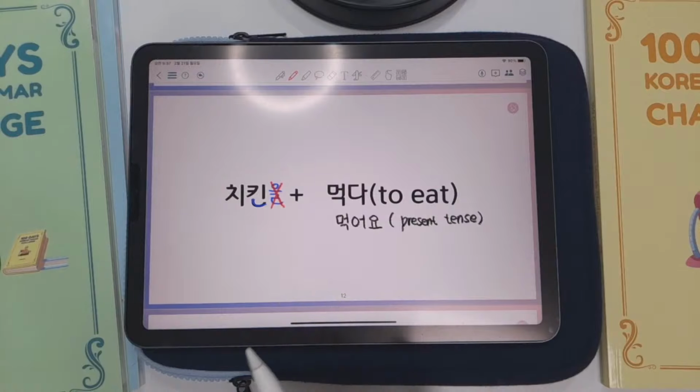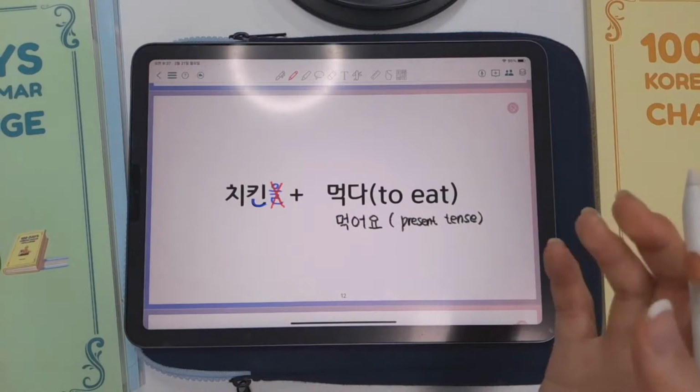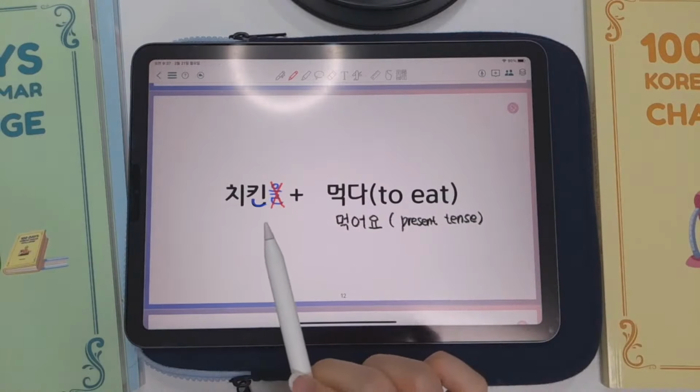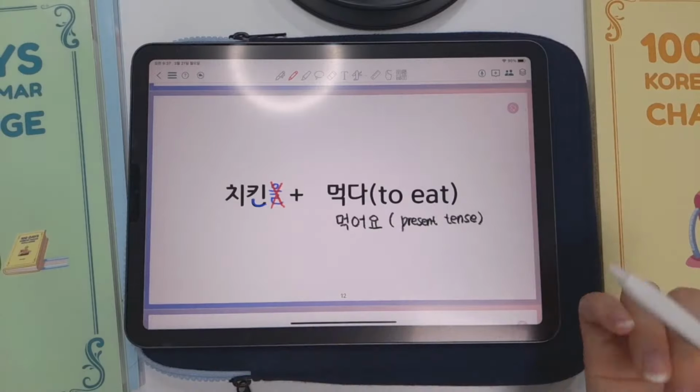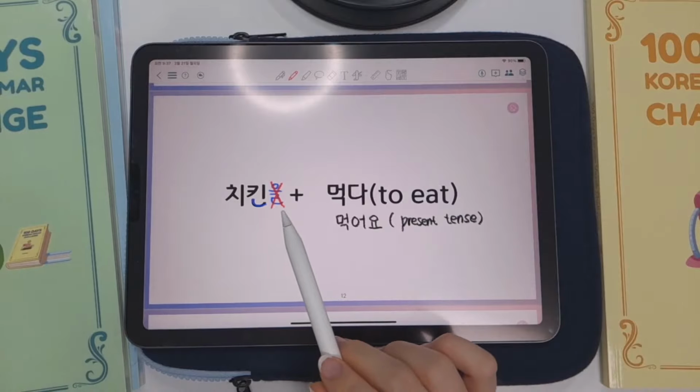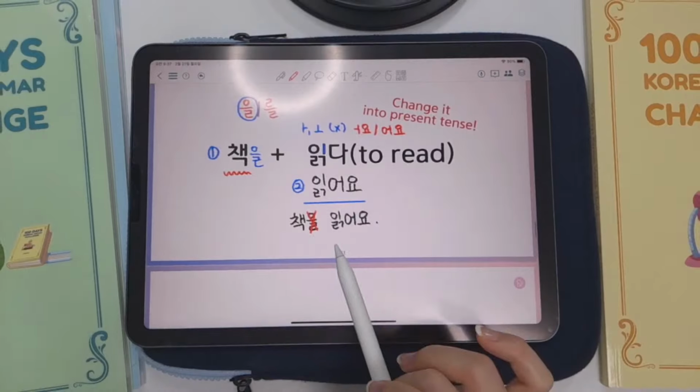Or when you're writing your Korean, or when the sentence is in your speech or presentation, then you have to use 을. But in your casual conversation, you can just skip this one. 치킨 먹어요. Or 책 읽어요.